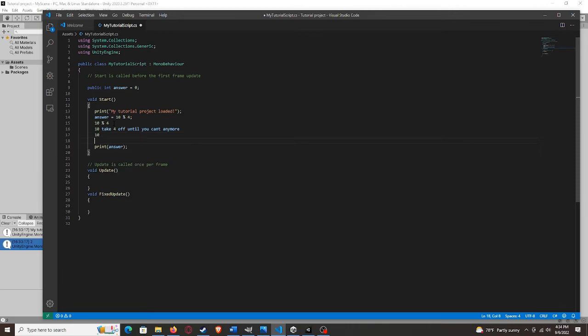This is similar to division. So take 4 off, that would give you 6, and then take 4 off, would give you 2. You can't go any further because you can't get a whole number that's 1 or higher if you divide 2 by 4. It'll be a fraction or decimal. So what you end up with, the remainder, is what you get for modulo, is what you get for your answer. As you see, the answer here is printed 2.